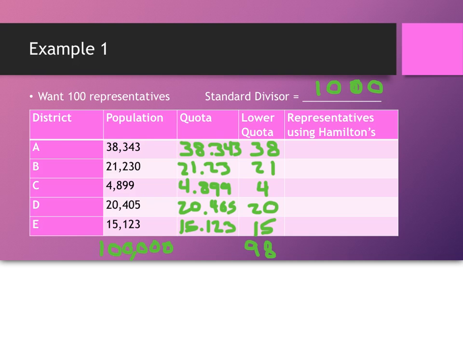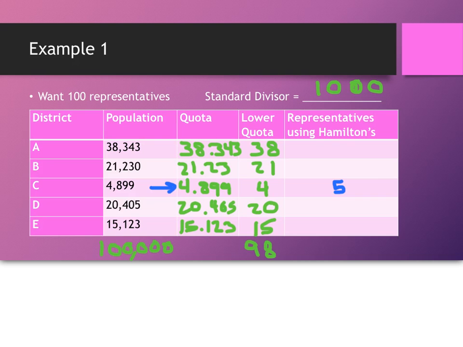So we go and say, which one of these has the highest decimal? Well, if you look at District C, this 0.899 is the highest. And if we add a representative to the lower quota, so we make that 4 into a 5, then we're going to get 99 representatives now.